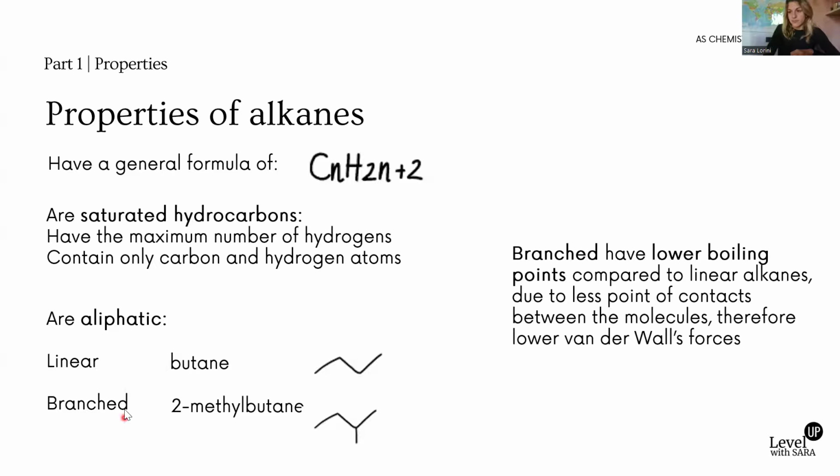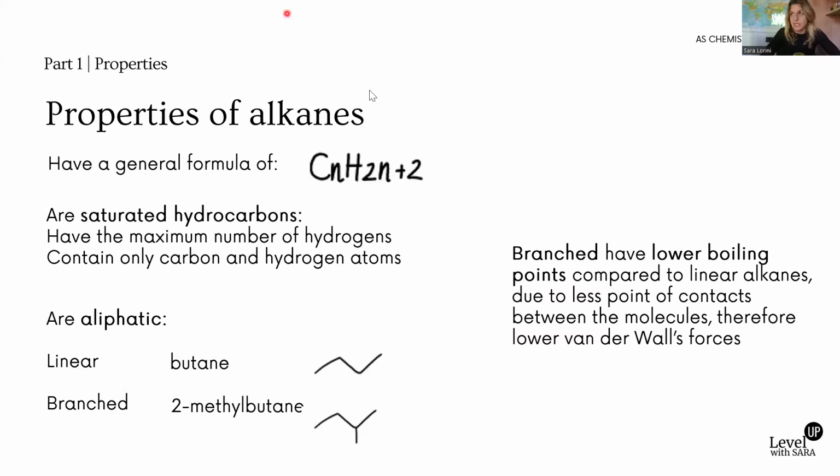Linear, branched, okay? Once again, important if you have to work out any functional group. One key point, and here I am jumping back to talking about intermolecular forces, is that branched molecules have lower boiling points compared to linear molecules. Why? This is how in an exam question you have to explain it: there are fewer points of contact between the molecules, therefore lower van der Waals forces.